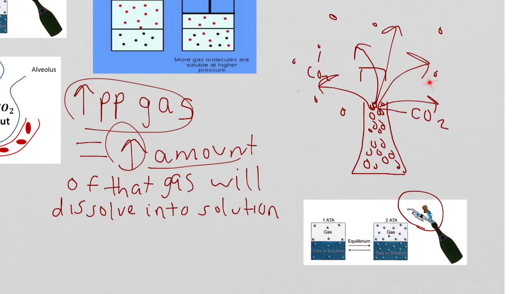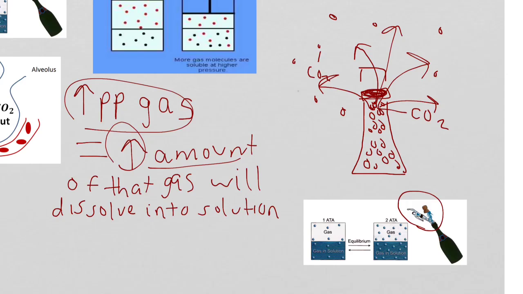And that's why your sodas become flat. They become flat because they've now reached equilibrium with the environment. So if you want to keep a tastier drink, I would put the cap back on in between sips.